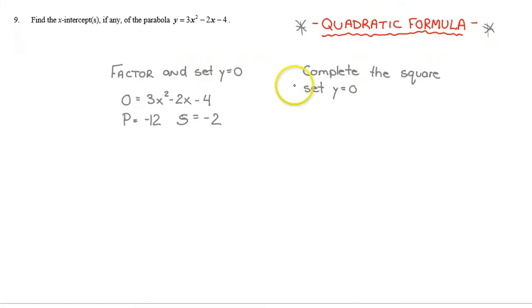So I'm going to write y equals 3x squared minus 2x minus 4. Now I'm going to complete the square to change this to vertex form. The first thing I'll do is factor out that 3 from the first two terms.